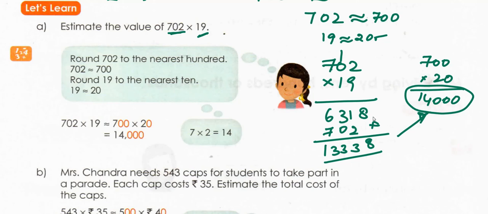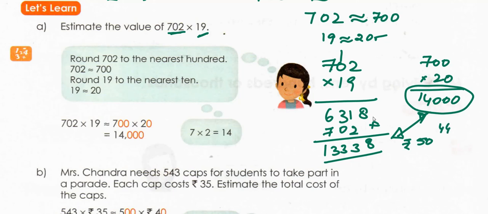When we go to buy something, right, we take an approximate value. Example, if you want to buy 1 kg sugar, you don't know the exact price of sugar. You can ask your mom or dad to approximately give me 50 rupees so that I can go and get 1 kg of sugar. You don't know how much it is.